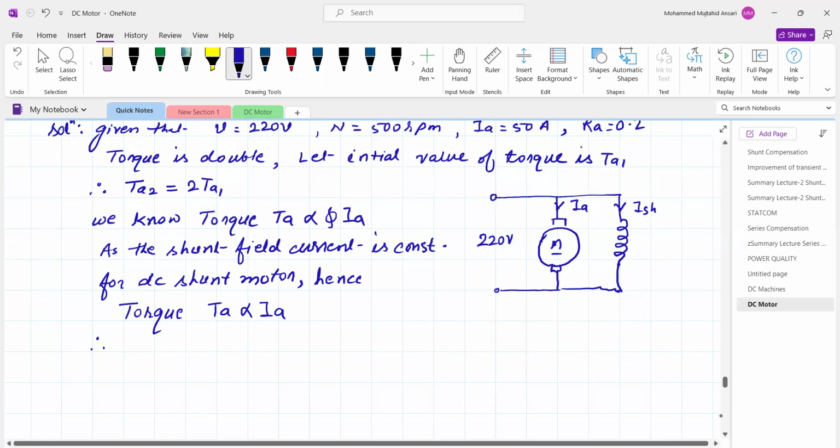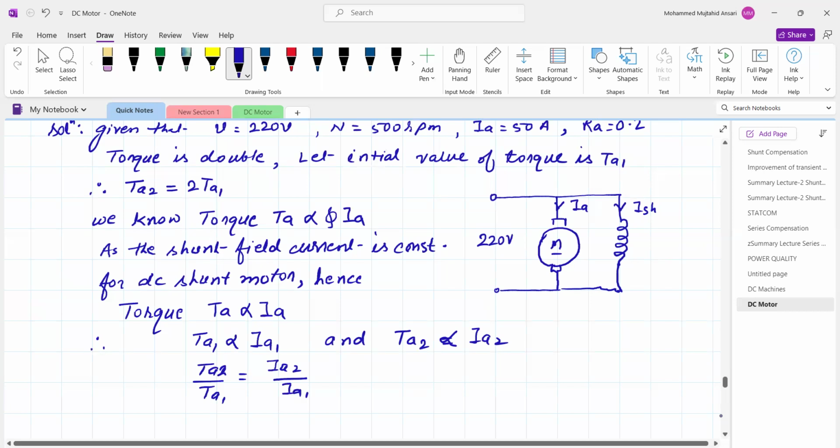Now, as per the given statement, the torque is double. We can write TA1 is directly proportional to IA1, and torque in the second case TA2 is directly proportional to IA2. Hence TA2 upon TA1 is equal to IA2 upon IA1.